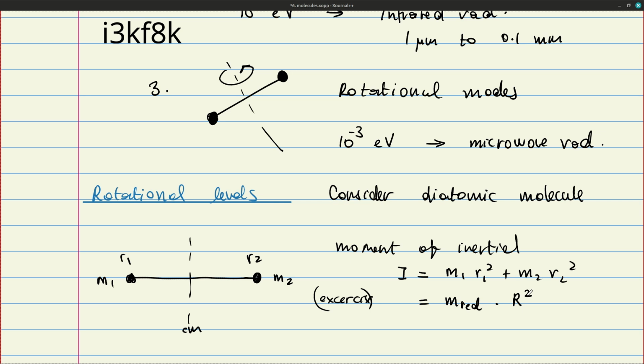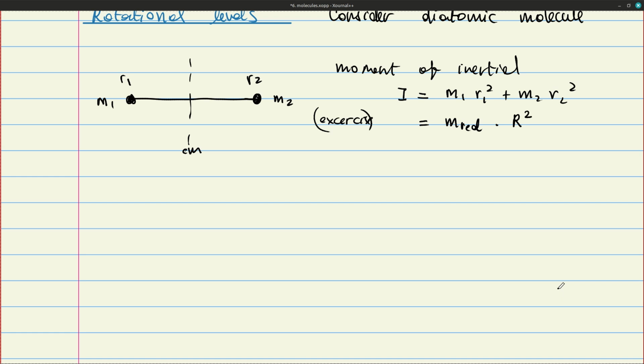So that's also the same. Just try to come up with reduced mass and center of mass, take the square, and you are going to obtain this one. So let me not do that to save some time.